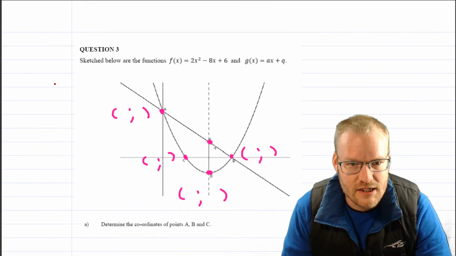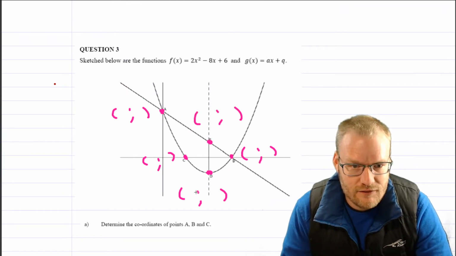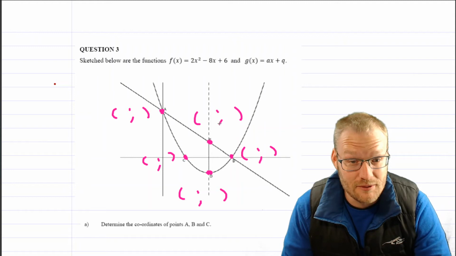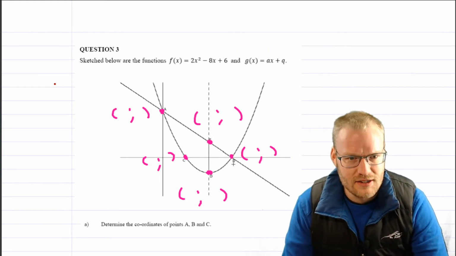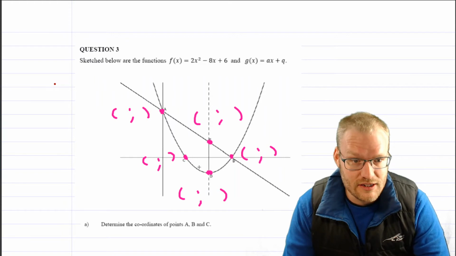The length of DE. If we know something about D, it'll tell us something about point E. So if we've got one of these values, one of these must be the same as well. All of those things are going to guide us in terms of how to answer these questions.